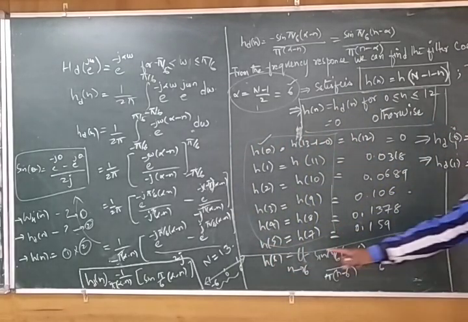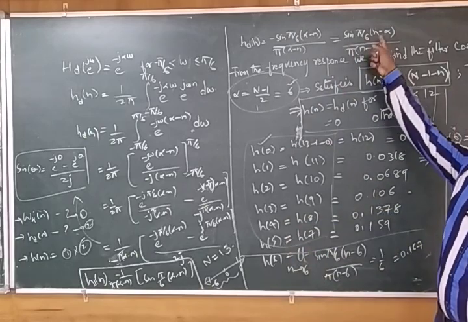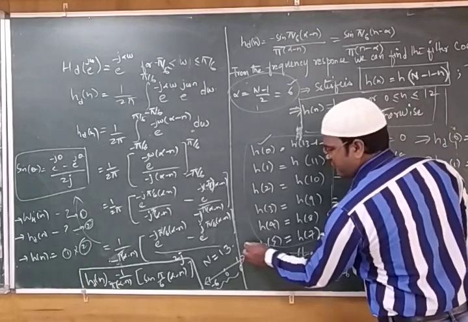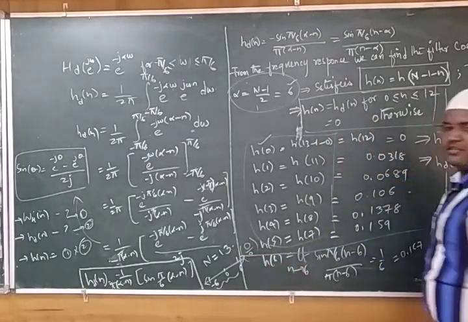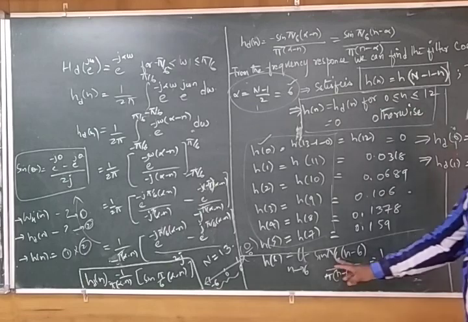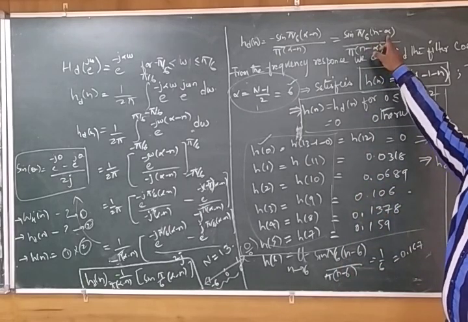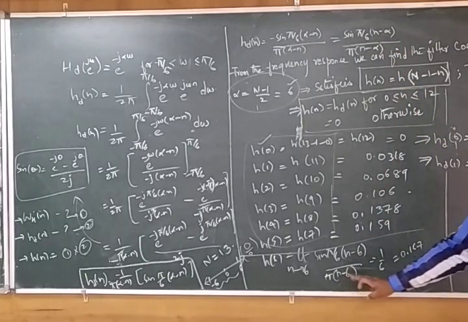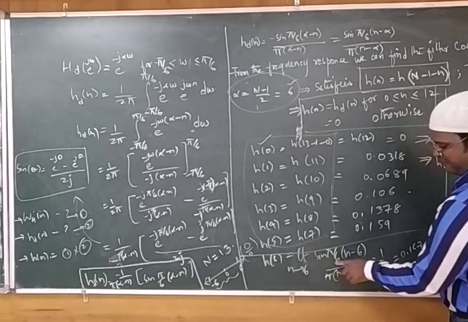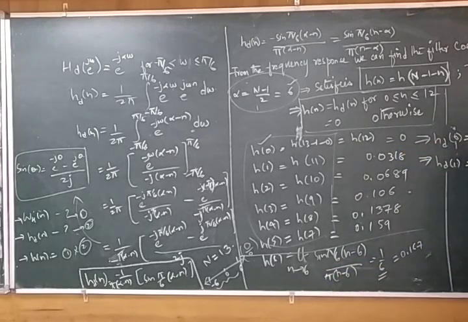Next, only for 6, it directly substitutes: 6 minus 6 means 0, and 0 by 0 is undefined. You will get the 0 by 0 form, which is not defined. To get the definition for it, we apply limits, that is L'Hospital's rule. Pi by 6 into n, keeping alpha as 6, n minus 6. Limit n tends to 6 of sin pi by 6 minus 6 by this will be 1 by alpha.